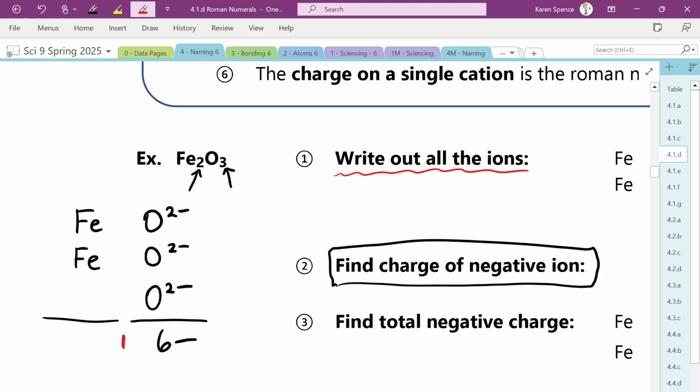Now, these two things, the negative charge and the positive charge, have to equal 0 because compounds are neutral.